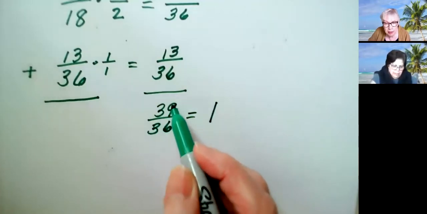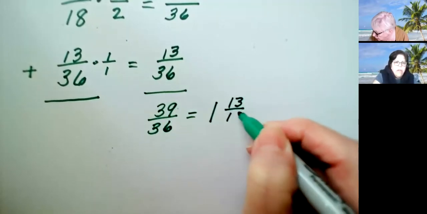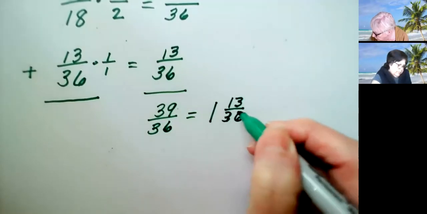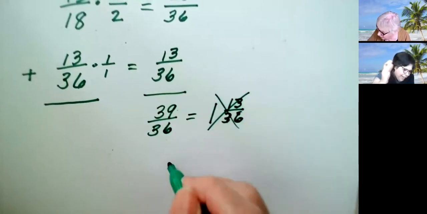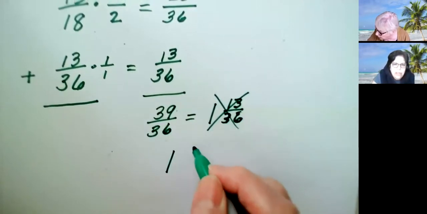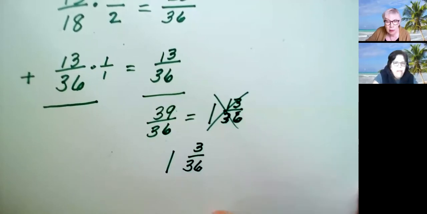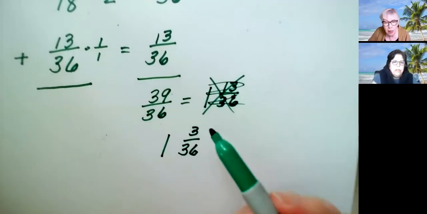When you divide this, there's 3 left over out of 36. 1 and 3/36. I don't know what I was thinking. I lost it.